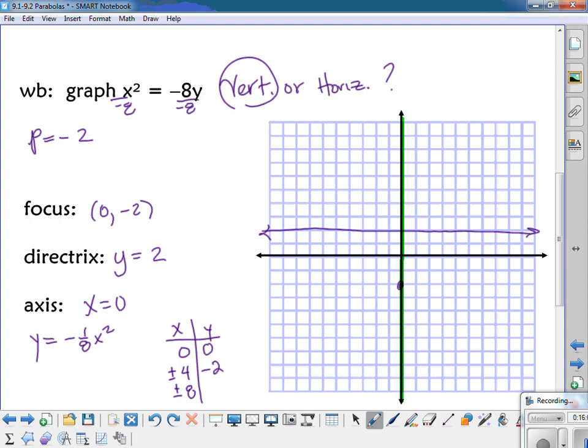And you get the same thing when you put in -4, because when you square it, it's still positive 16. And then 8 squared is 64, which divided by 8 takes us back to 8. So we get -8. And so when you plot the points, (0, 0), (-4, -2), (4, -2), (-8, -8), and (8, -8), you get those points, and there's your parabola.